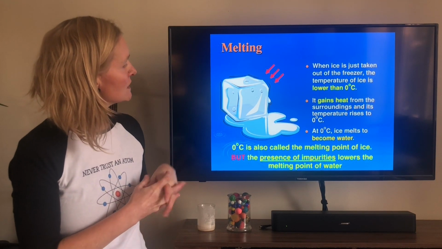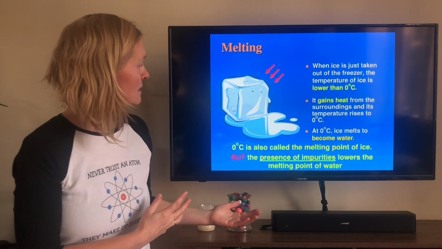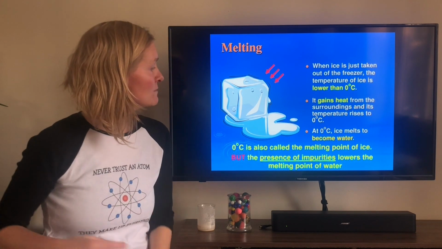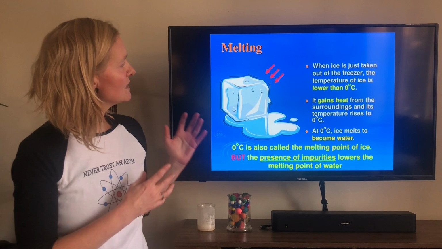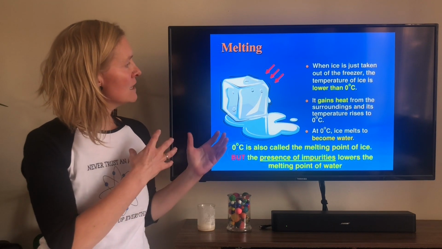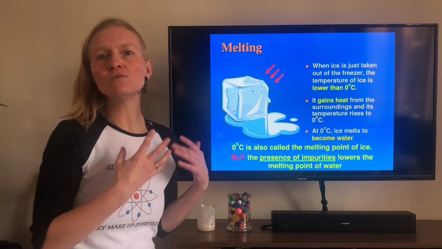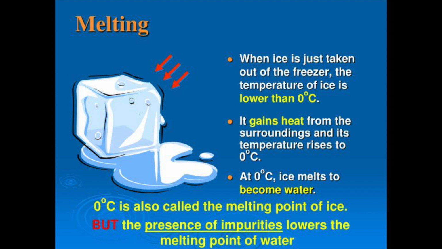So 0 degrees Celsius is also called the melting point of ice, but the presence of impurities in water will sometimes lower that melting point. So you'll begin to see as the ice is warming up, it will eventually reach room temperature, but it will pass that 0 degrees, and at that point it will change from ice into its liquid state.